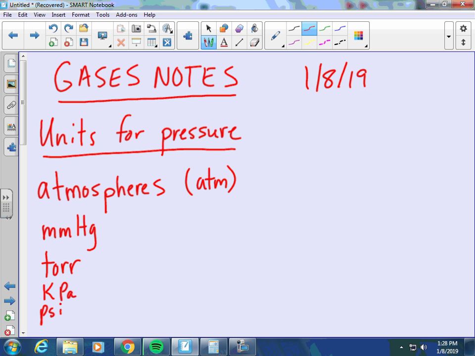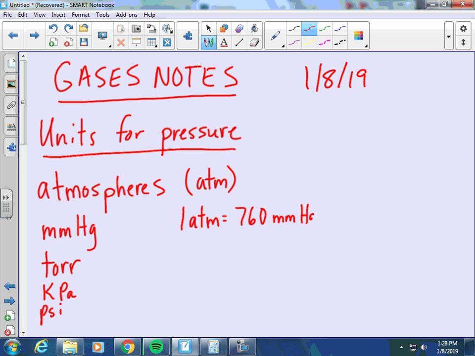All right. Now, to talk about how these relate to one another, there's 1 atmosphere, so 1 ATM is equal to 760 millimeters of mercury.